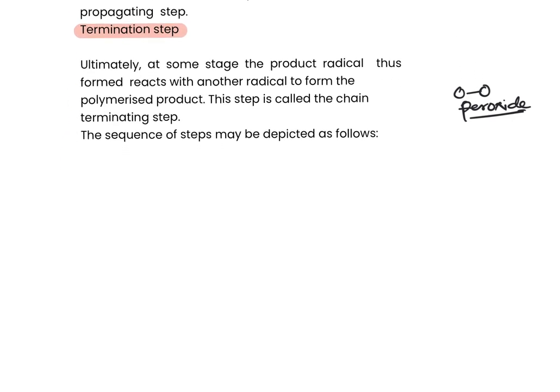Now we are taking one example, benzoyl peroxide. What is that? Benzoyl peroxide: C6H5C double bond O, C double bond O, C6H5, with an oxygen-oxygen single bond.